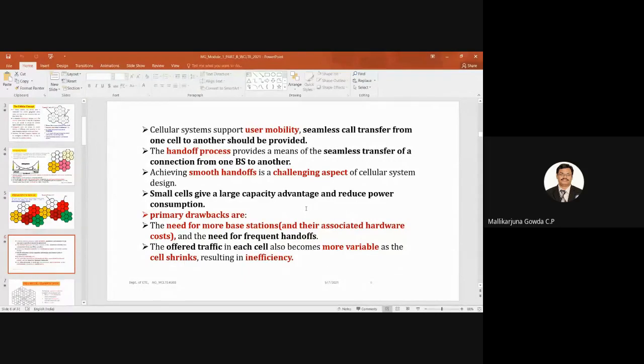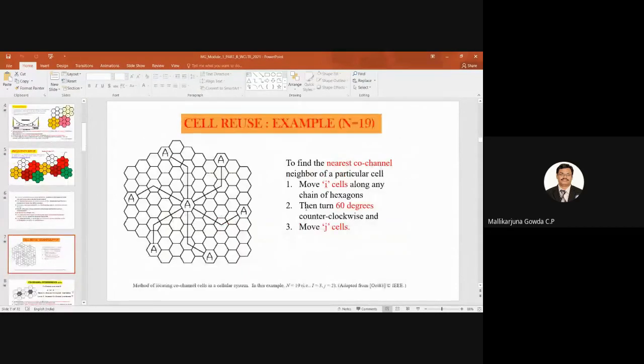Just showing here how we find the co-channel cells, right? As I said, the cells which are named with the same alphabet are known as co-channel cells. There is a procedure to find the co-channel cell. We have to move I cells along the chain of hexagons, then turn 60 degrees counterclockwise and again move J cells, and you will get the co-channel cell.